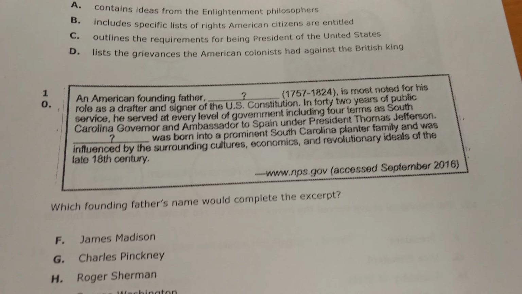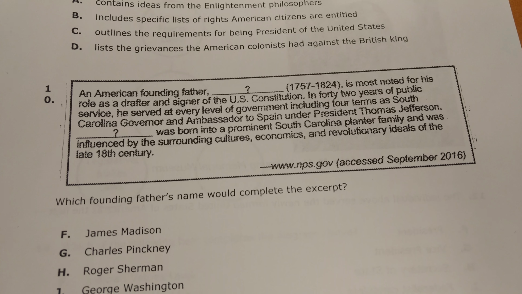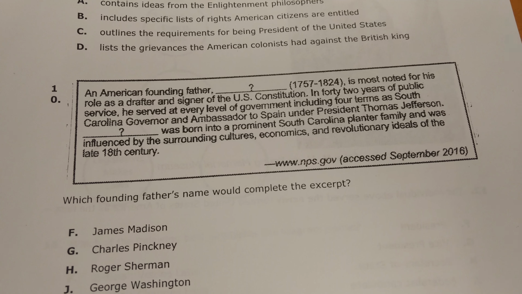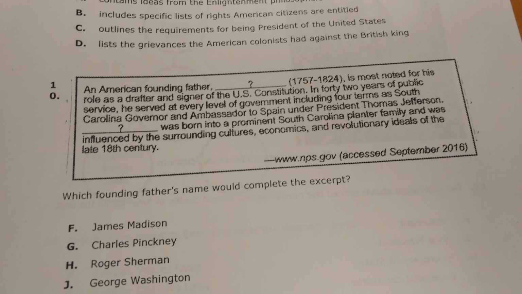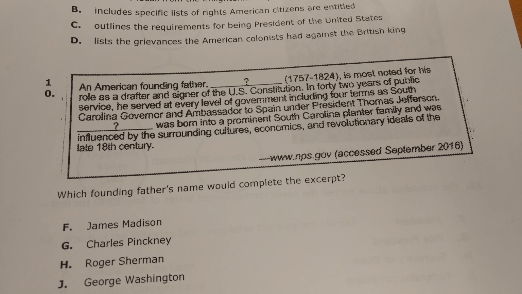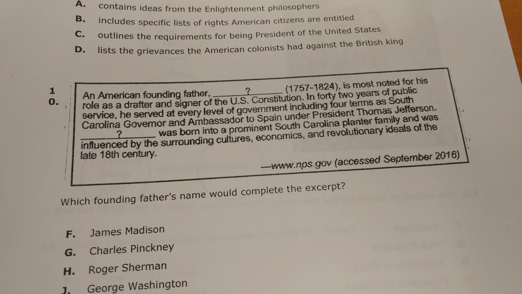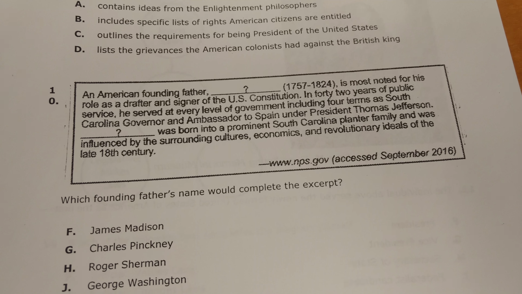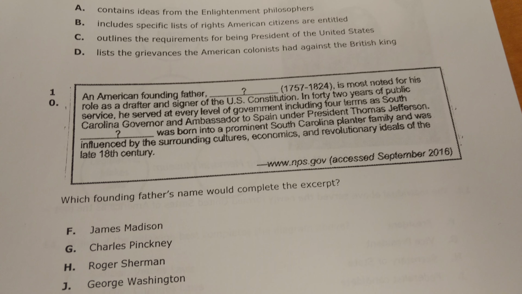Number 10. An American founding father, blank, 1757 to 1824, is most noted for his role as a drafter and signer of the U.S. Constitution. In 42 years of public service, he served at every level of government, including 4 terms as South Carolina governor and ambassador to Spain under President Thomas Jefferson.